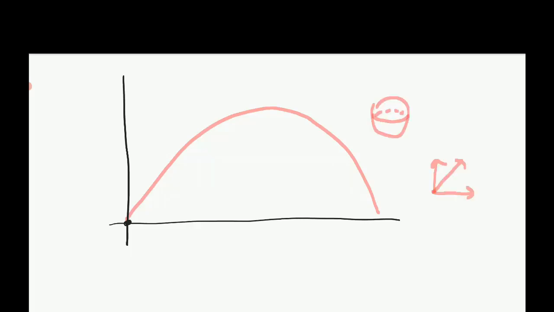And what we're going to do is look at this very, very simple situation of the trajectory of something that's being thrown. And we're going to think about what the different inputs are and what the different outputs are. And we're going to really visualize what's going on. So there's two parts to this.